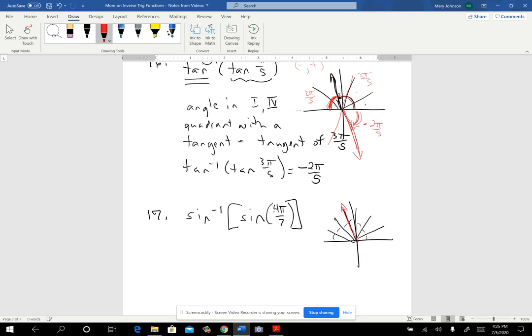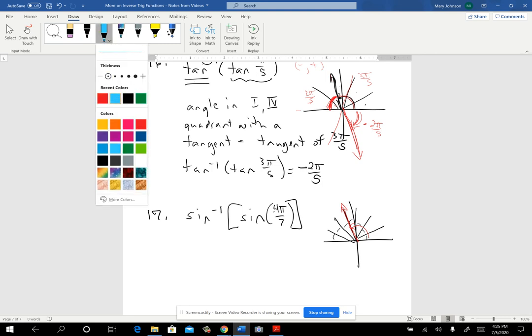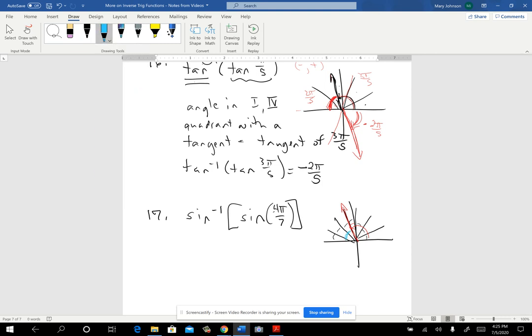That's this angle. Now let's consider the reference angle. This one here. See how that means the reference angle would be 3 pi over 7. So 4 pi over 7 is here. The reference angle is 3 pi over 7.